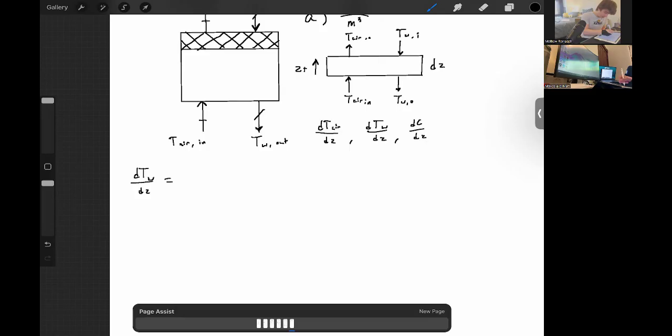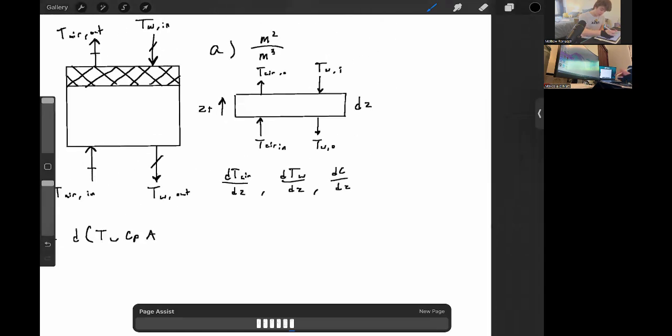When we want the change of temperature of water, we have to consider the heat capacity of the water, the area in which it's being held in this cooling column, and we also need to have some flow rate going in.